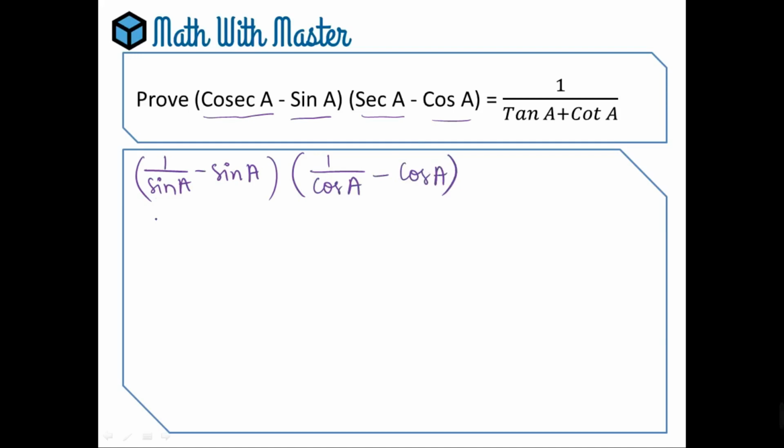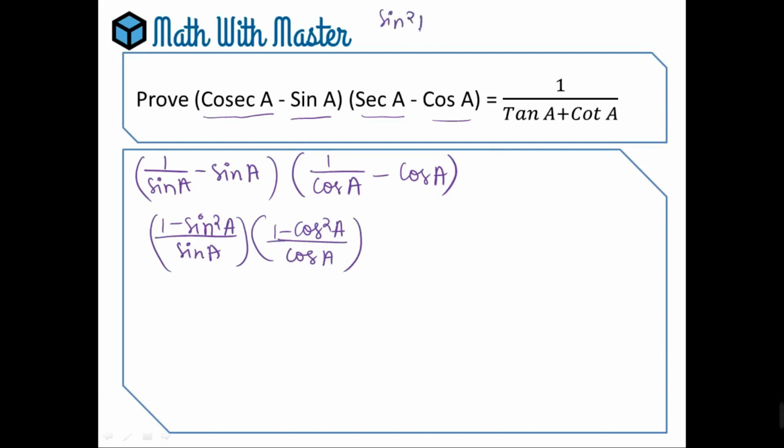So if we do LCM, we will get (1 minus sin square A) upon sin A and (1 minus cos square A) upon cos A. So we know that sin square A plus cos square A is equal to 1.